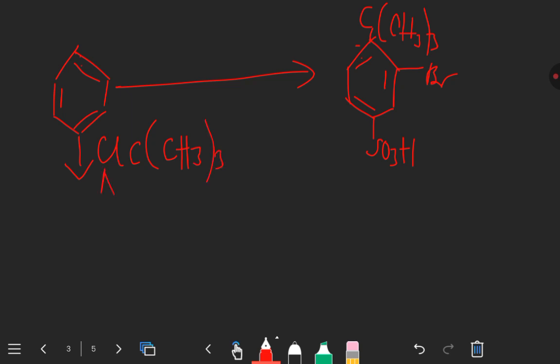This reaction occurs in an environment where there is aluminium chloride, and the product you're going to form could be of this nature. So we'll just have a carbon bonded to CH3.